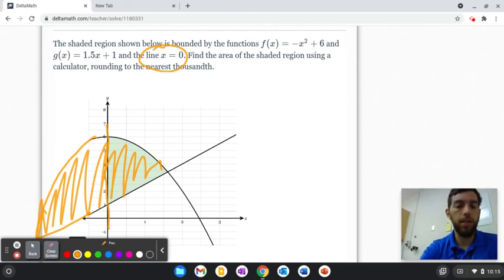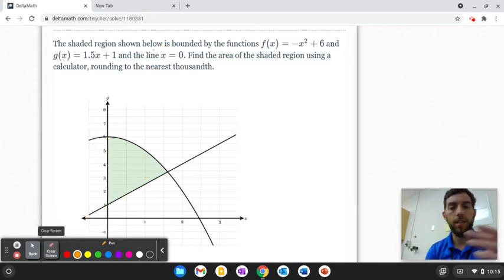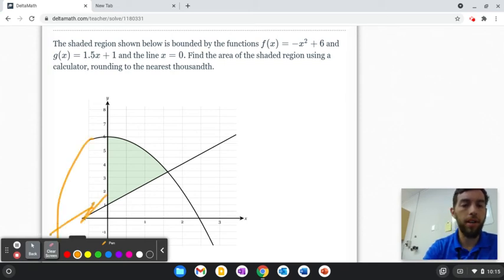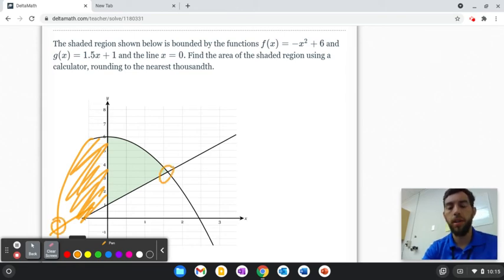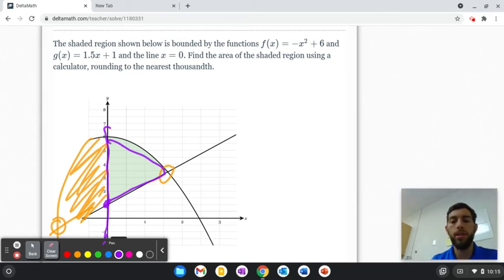Now this one, like I said, is actually a little bit easier because the only thing that's different is our limit, right? If we were to do all this area, it'd be the same setup, except our limits would be this intersection point here and this one here. But all this is doing is saying, I'm going to change the lower limit to x equals 0. I only want to start there. So when we set up this integral, it's going to work the same way.